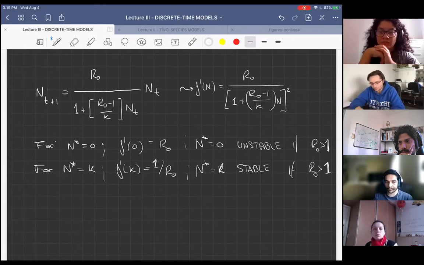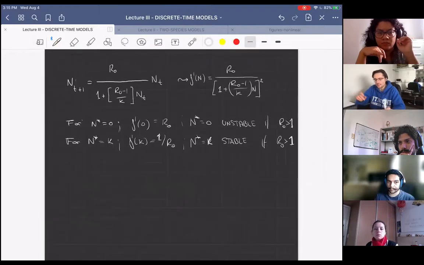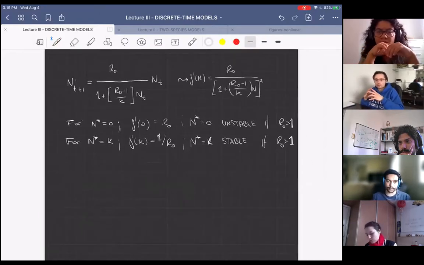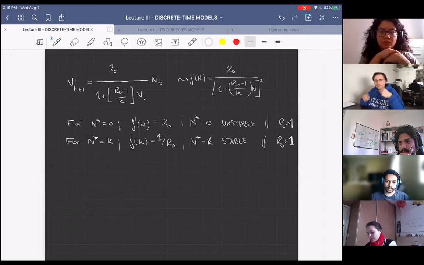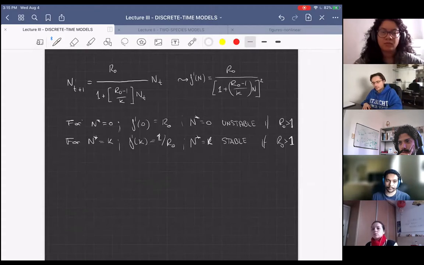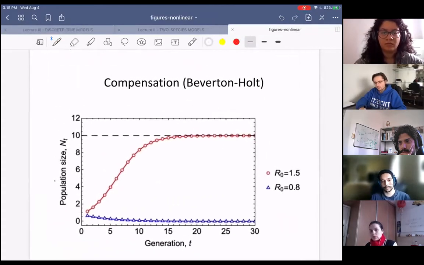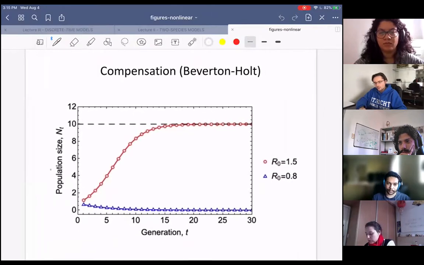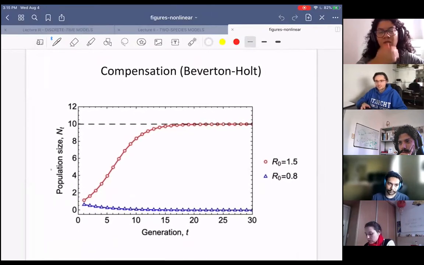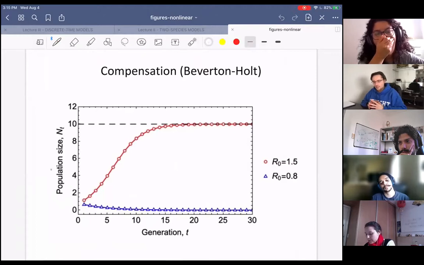So basically, what this analysis is telling us is that if we start this map with a very, very small perturbation around 0, and we do all the iterations, eventually we will reach the carrying capacity. This is what you would get.